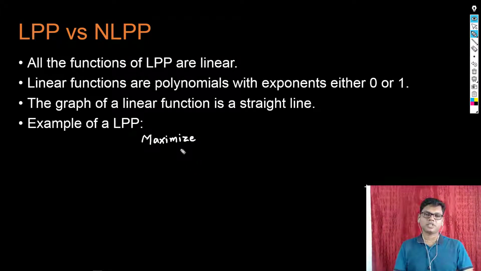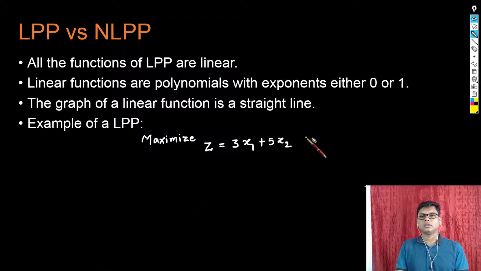One is known as the objective function, and another one is the constraint function. So let's see the objective function. Maximize z = 3x1 + 5x2. So this is known as the objective function.